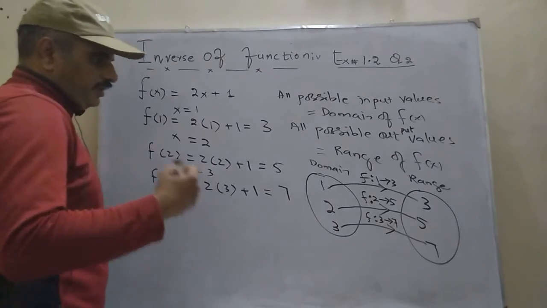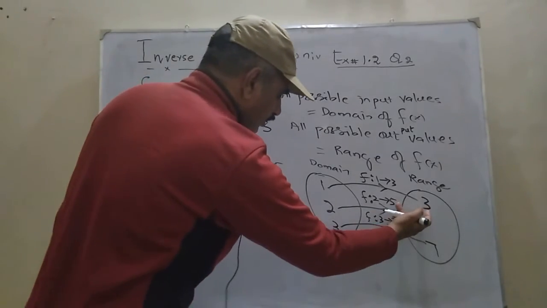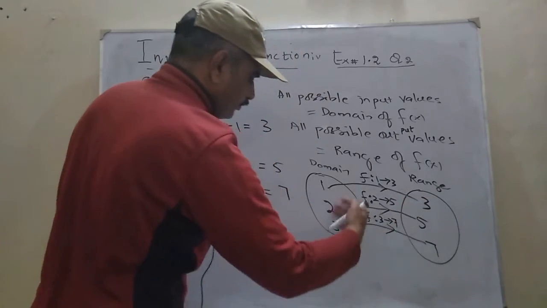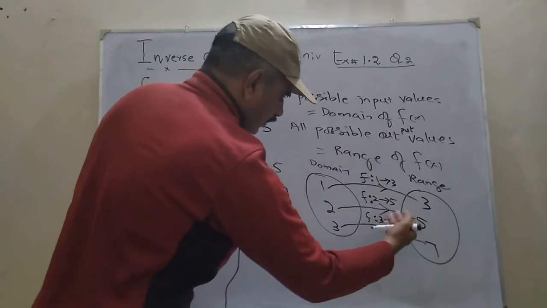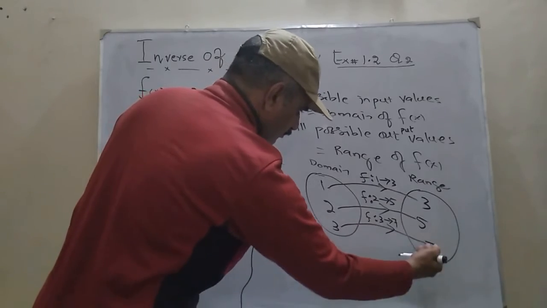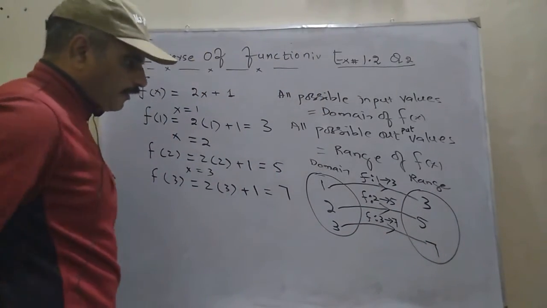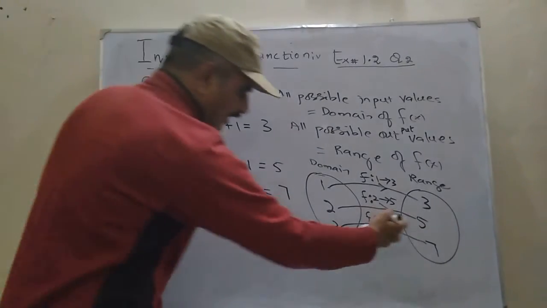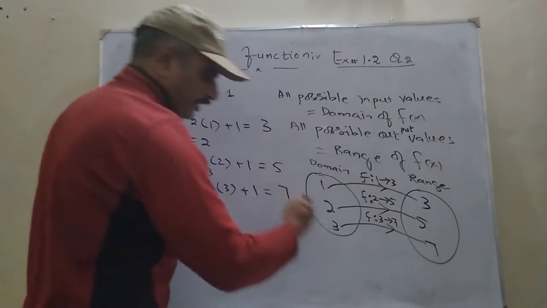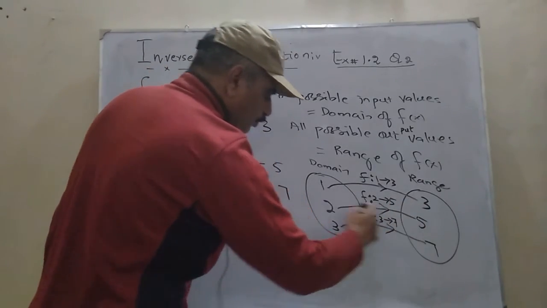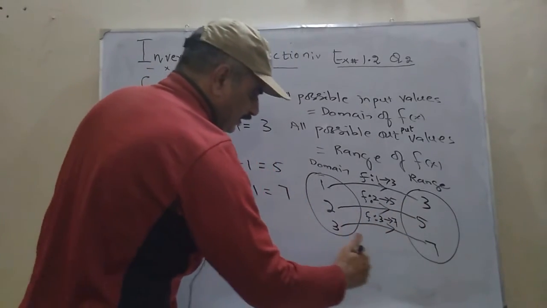Is there any way to get 1 from 3, to get 2 from 5, to get 3 from 7? Is there any way to get back from 3 to 1, 5 to 2 and 7 to 3?